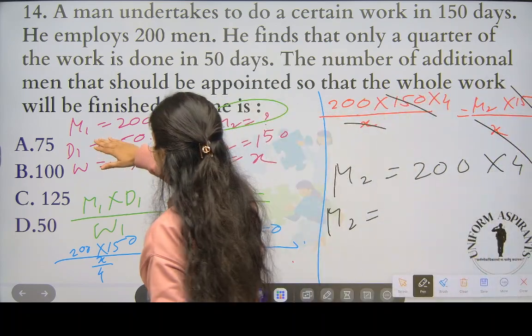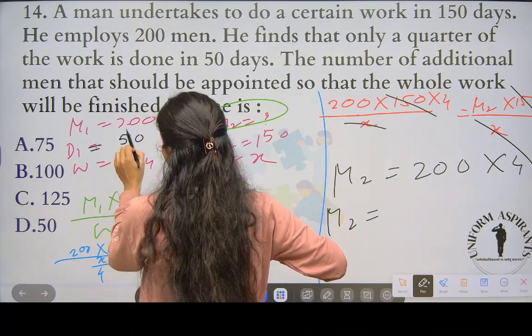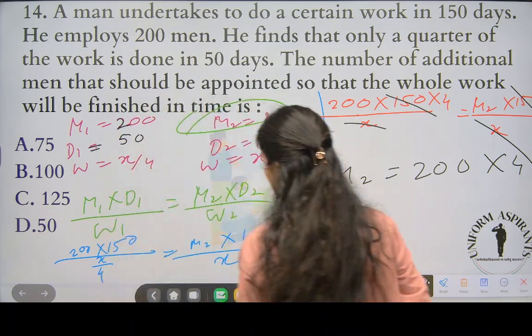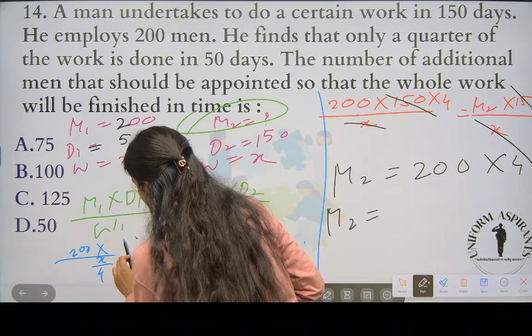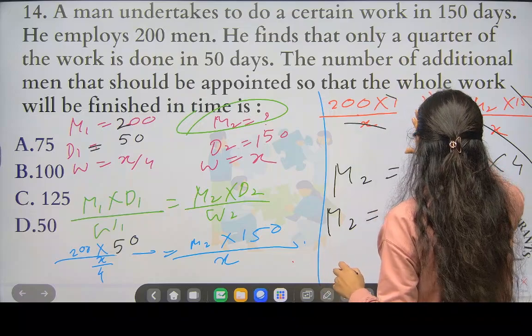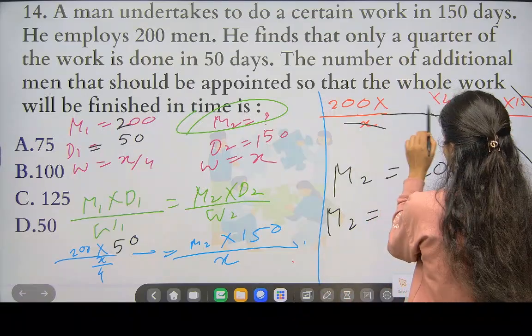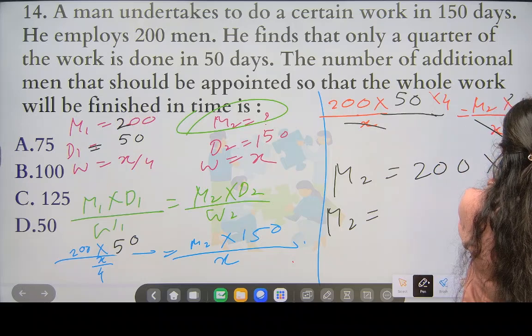We have taken here 150, which is wrong. Here only 50 is there. We'll write here 50. Will it get cancelled? No, it will not get cancelled. It will remain 150 here.